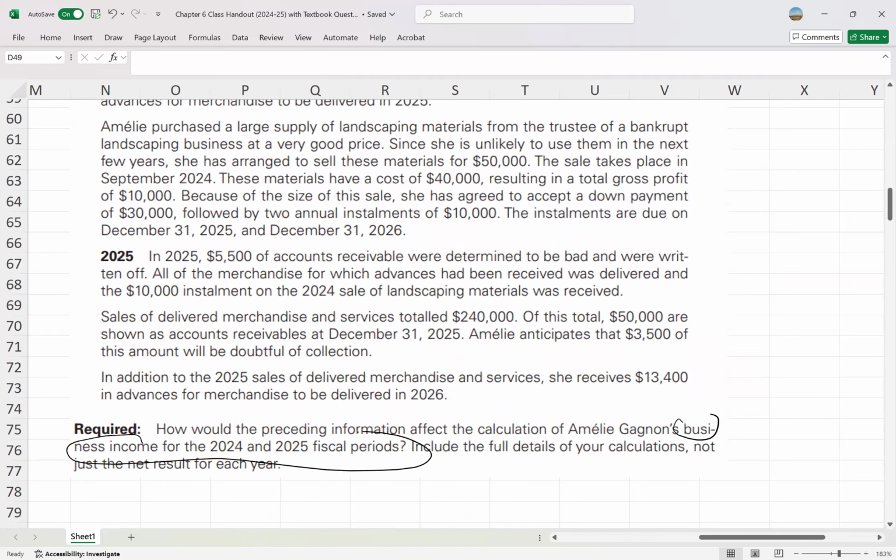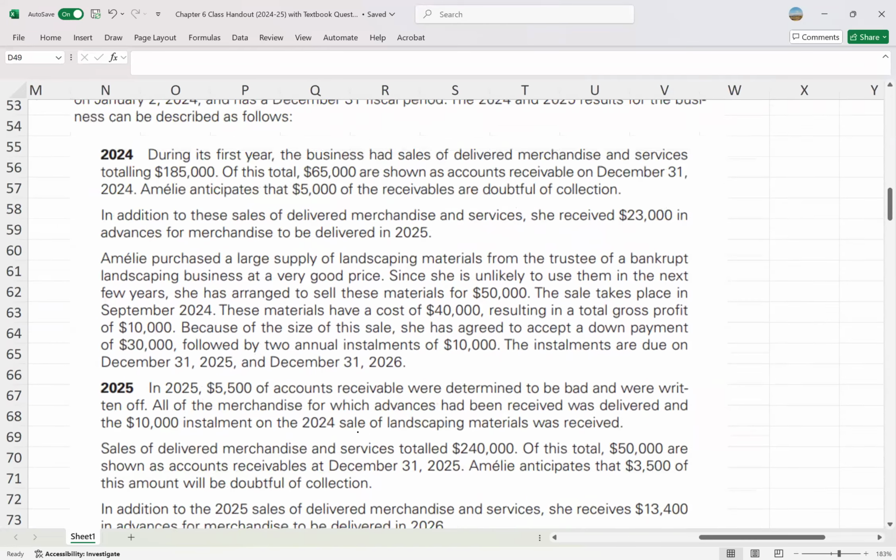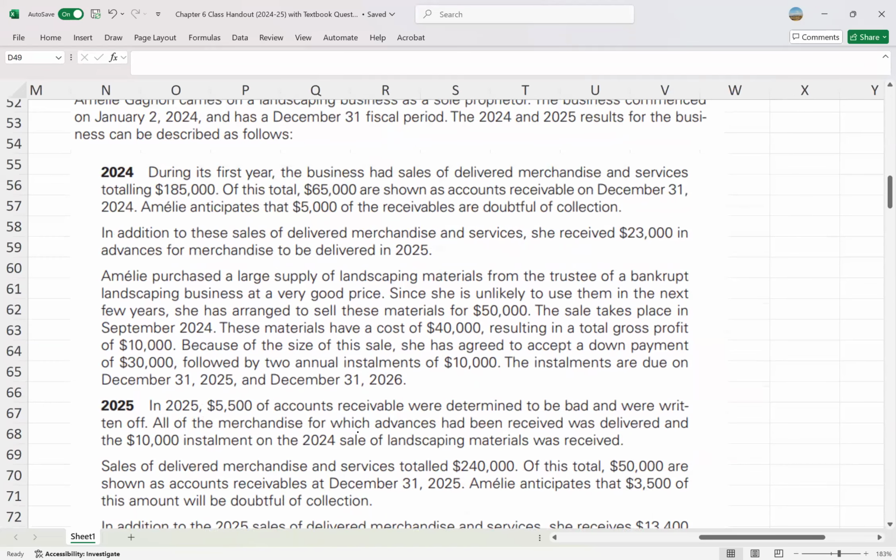So in this type of question, we're given a bunch of facts, and our goal for each year is to calculate her business income. So let's start with 2024. The first year of business, the business had sales of delivered merchandise and services totaling 185,000. 65,000 of this are the accounts receivable at the end of the year, and she anticipates 5,000 will be doubtful of collections.